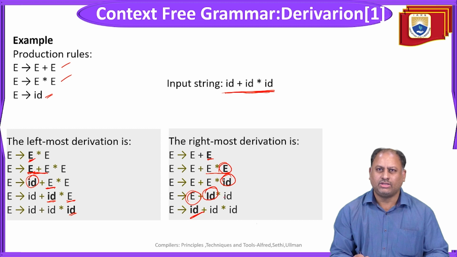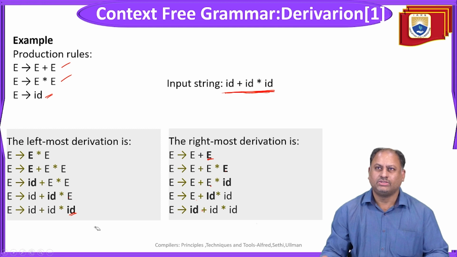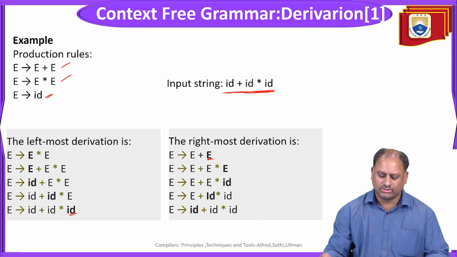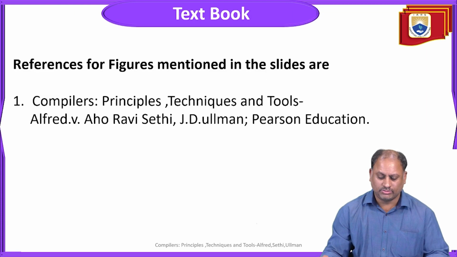So we are getting all the replacements with the corresponding substitutions of the rightmost non-terminals, the next rightmost non-terminal after generating E plus E star E. So in this way we are going to generate derivation trees, and then we can also easily construct a parse tree for these examples.